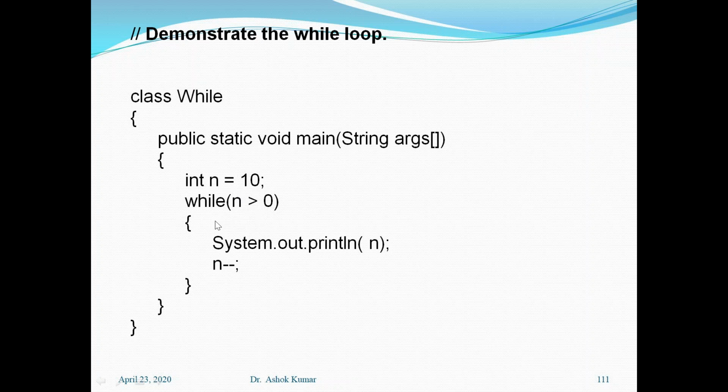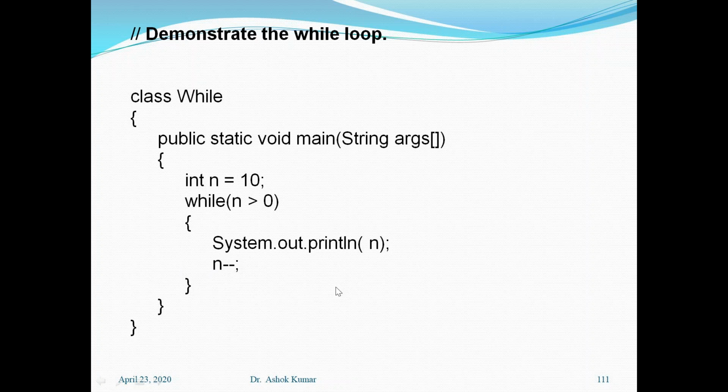So it will run this statement, System.out.println, and this will give you the result 10. After this we are using the post decrement operator. This will change the value of n to 9, because as we discussed earlier, the decrement operator decreases the value of the variable by 1 if it is used independently, if it's not in an expression.